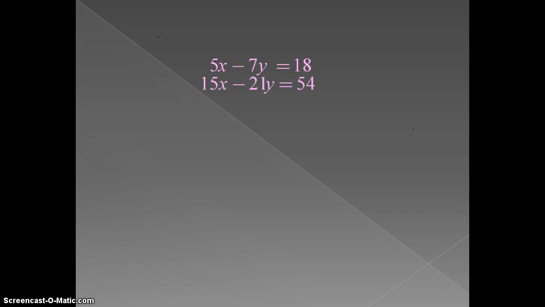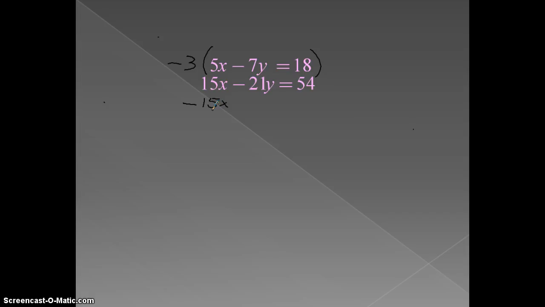So here we go. 5x minus 7y equals 18. 15x minus 21y equals 54. We can see, let's multiply the top by negative 3. In doing so, negative 3 times 5x gives me negative 15x.